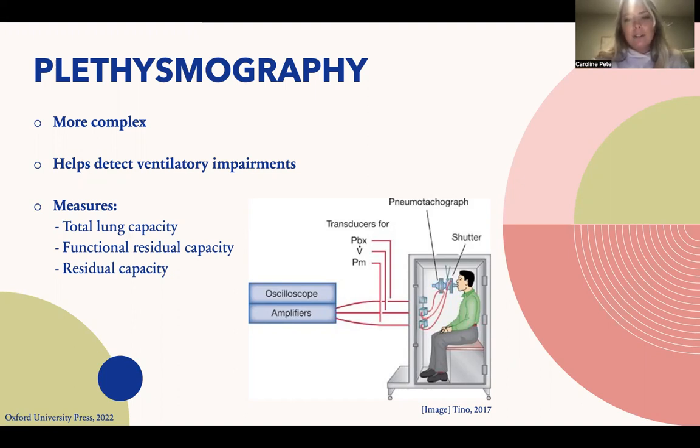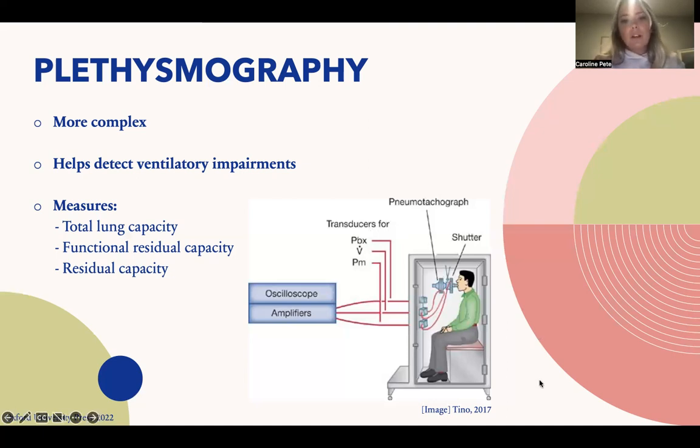In other terms, this test measures total lung capacity, functional residual capacity, and residual capacity. To complete this test, the patient will enter an airtight enclosed clear plastic box, which you can see demonstrated in this photo. Then they will place a clip on their nose and breathe normally into a mouthpiece like this one right here.